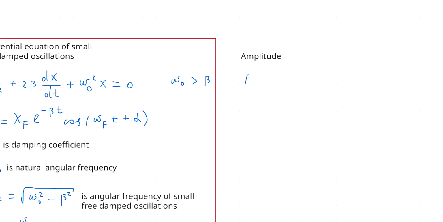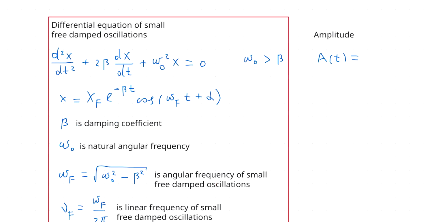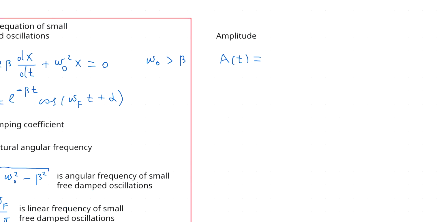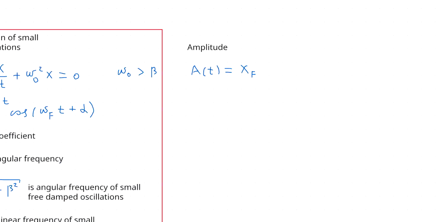A as a function of time t is equal to x_f e to the power of minus beta t. No, sorry, here we have just time t.